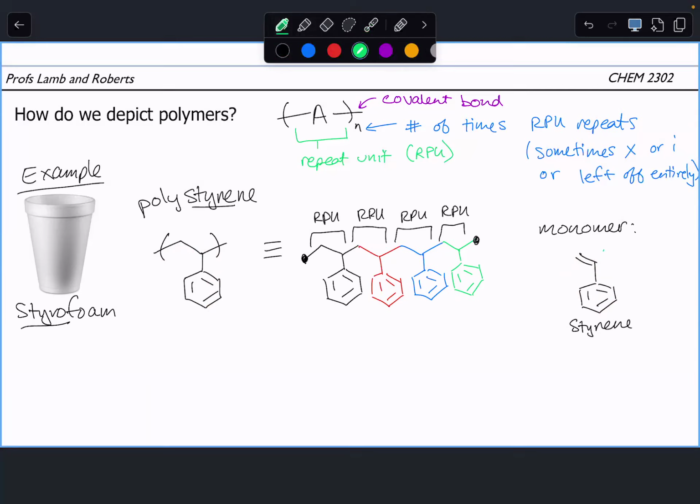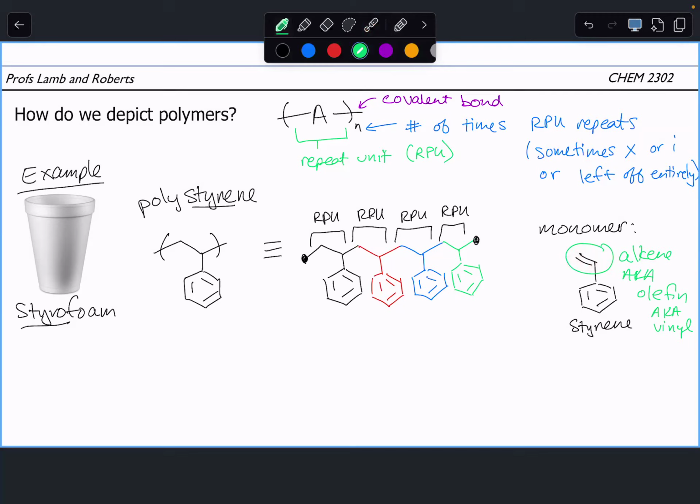So here we have our alkene, aka olefin, in our monomer. That group can also be called a vinyl group, which essentially means a terminal alkene.